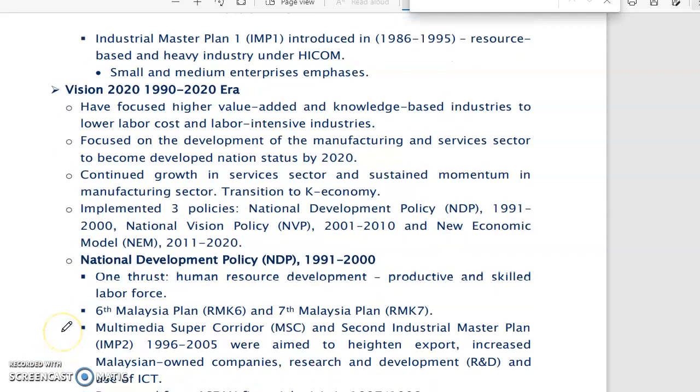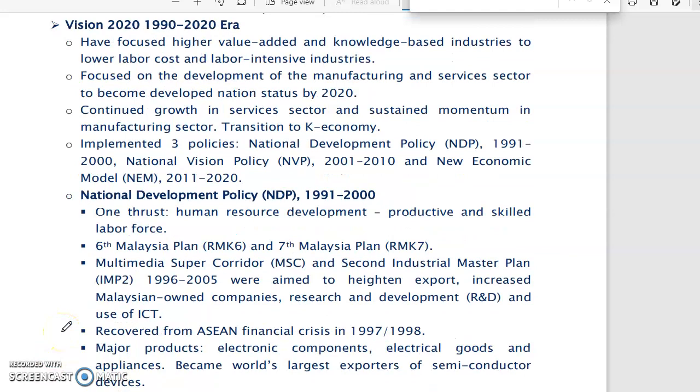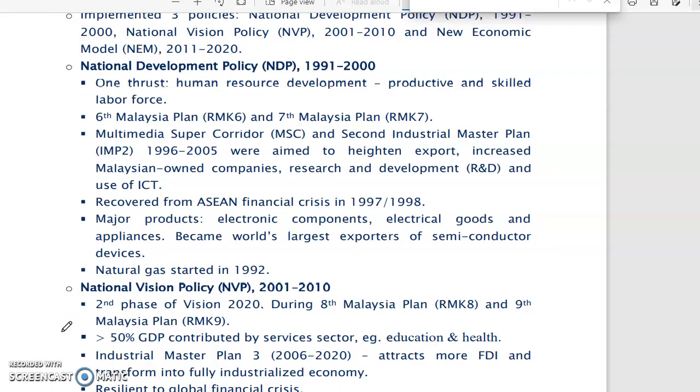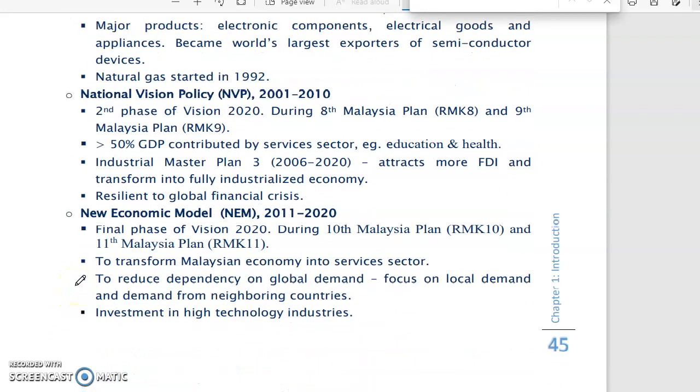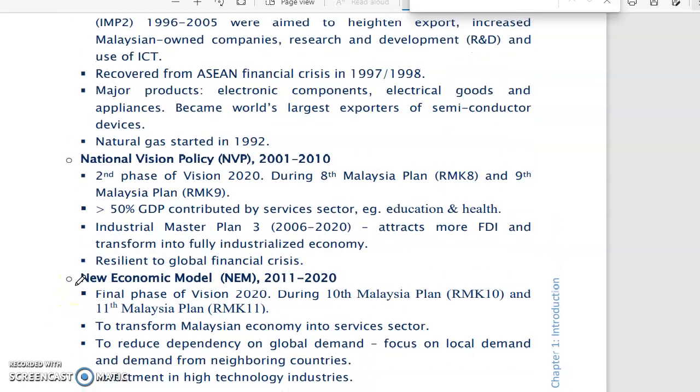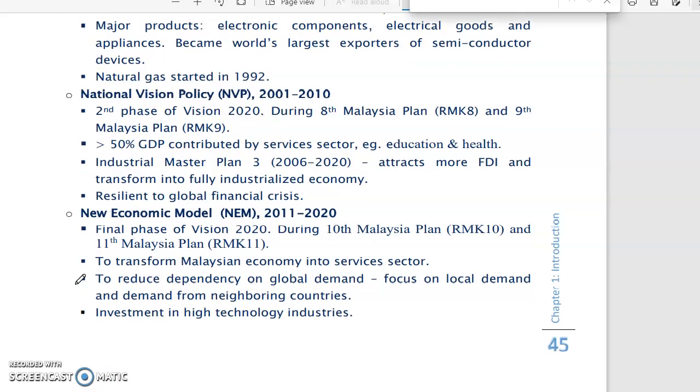There are three policies: NDP, NVP, and NEM. Under the NDP, we focused on human resource development, while for the NVP, we focused on the fully industrial economy. Lastly, for the NEM, we invested in high-tech industries.